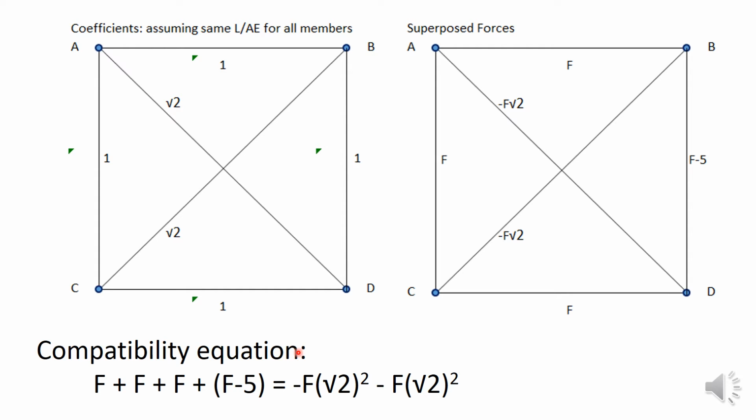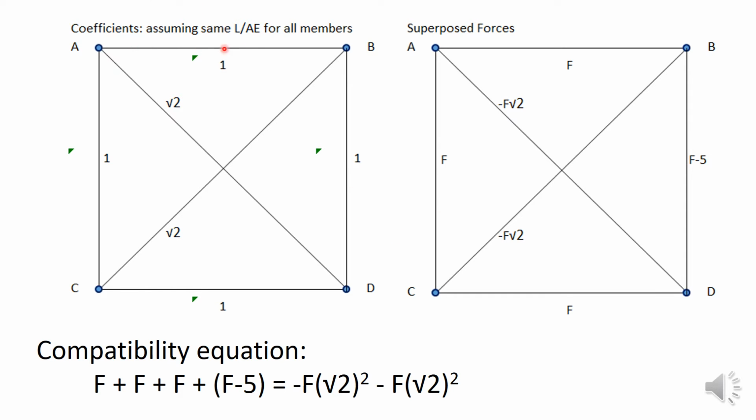Now in the force method and other methods, you often make a table. You list the members and then the lengths, and then you list the forces and the extensions and whatever. But I prefer not to make up a table.